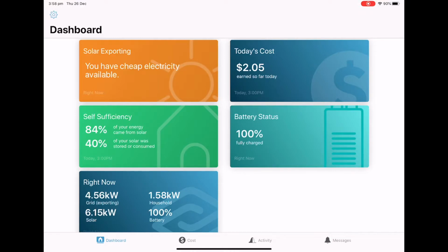Now over to the right you've got today's cost. So basically that says from 3 o'clock today I've earned $2.05, and that takes into account the daily supply charge.